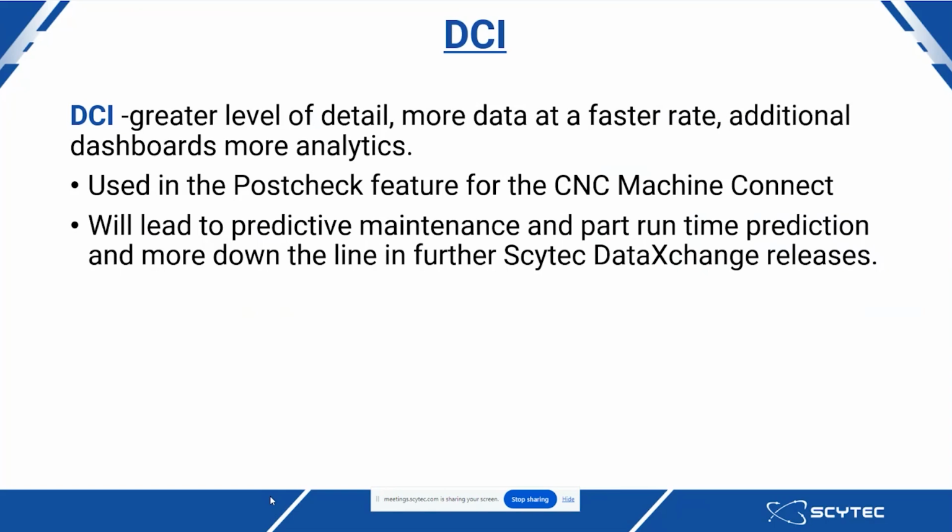And what this is going to lead to in the future for more DataXchange updates is better predictive maintenance and predictive part run times. We have access to this pool of information pulled by DataXchange and then stored into AI. We're going to be able to give manufacturers what they've been asking for, such as predictive maintenance, as I mentioned, as well as part run times.